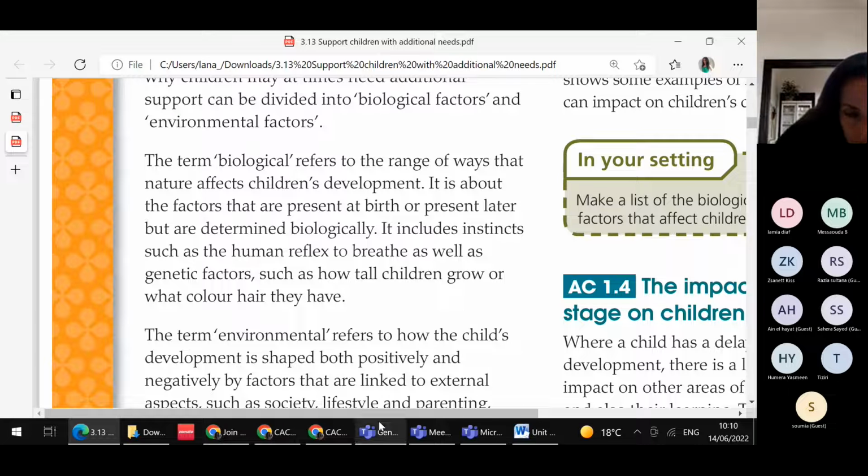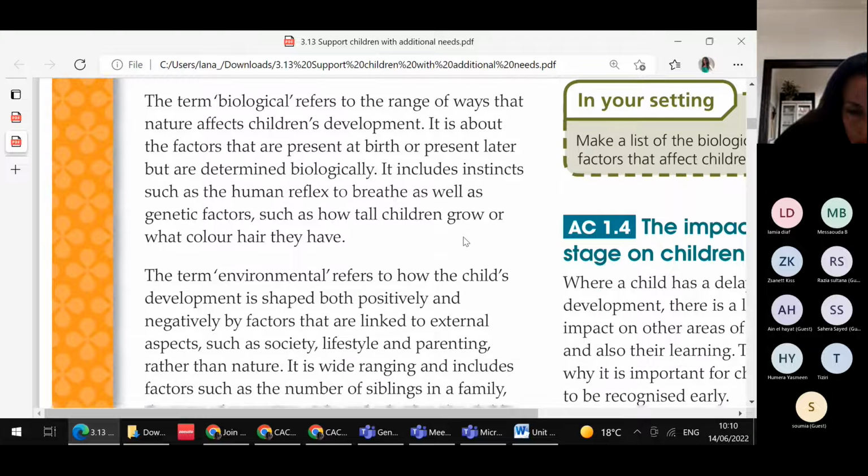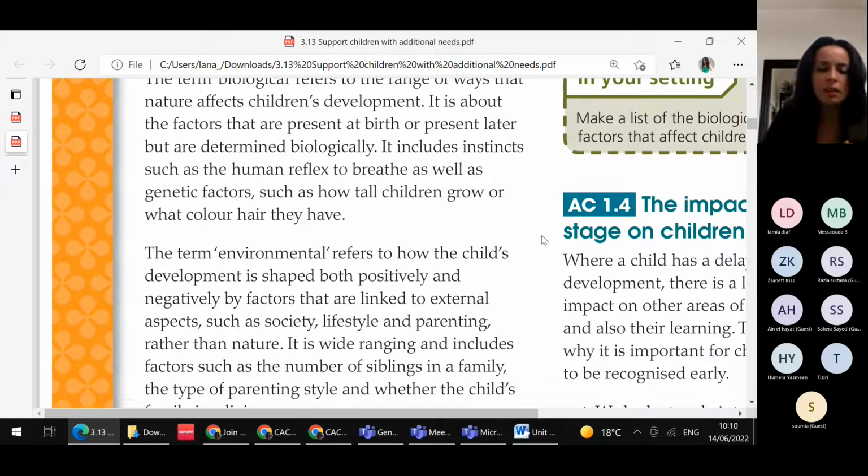As you see here, it includes so many things. Maybe they are all genetic, so the children will inherit this from their parents, and will grow up having these disabilities or medical conditions.